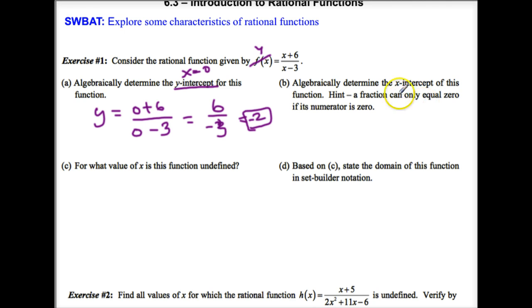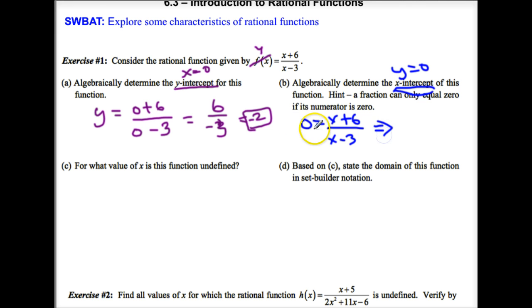Now, what if I say find the x-intercept? Your x-intercept, in this case, would be when the y is equal to 0. So I will have 0 is equal to x plus 6 over x minus 3.